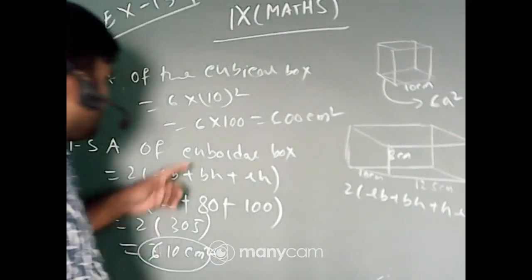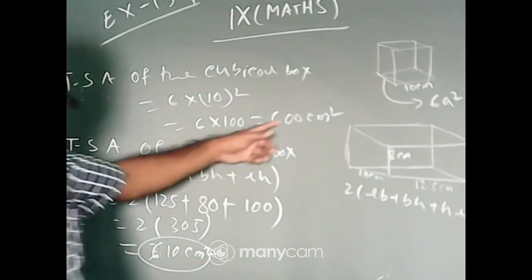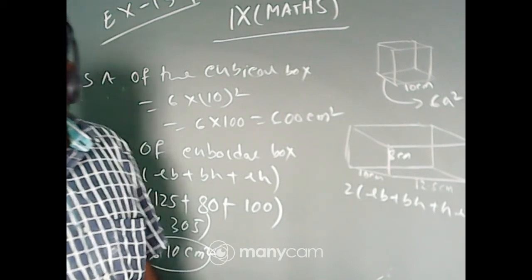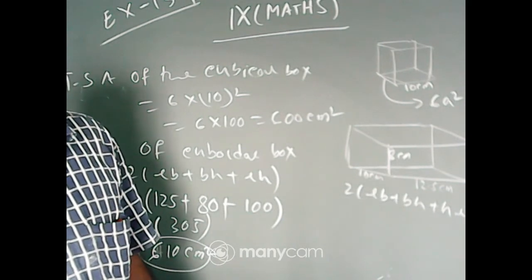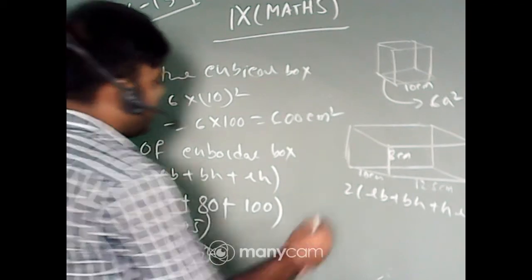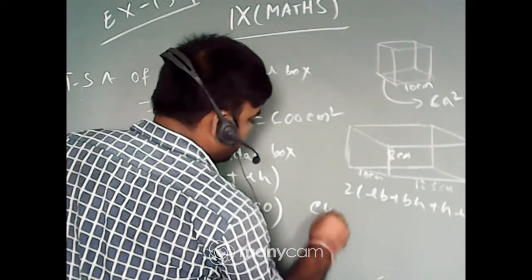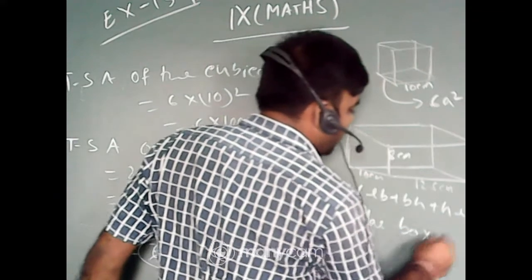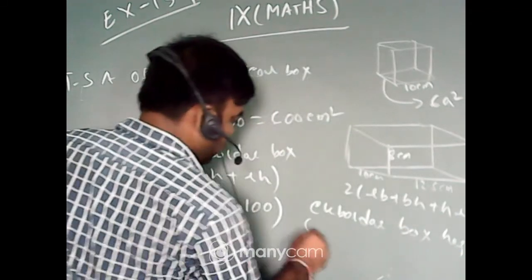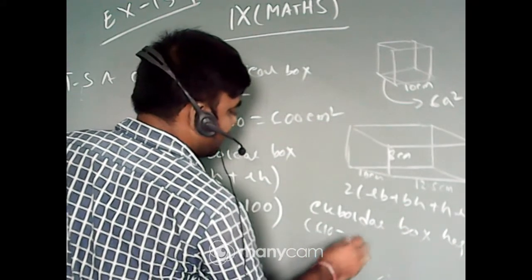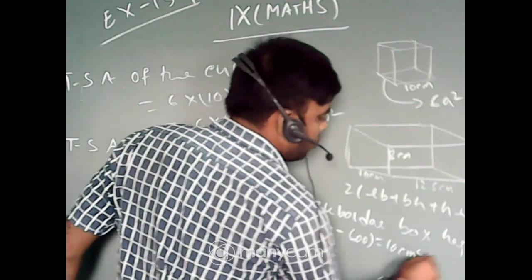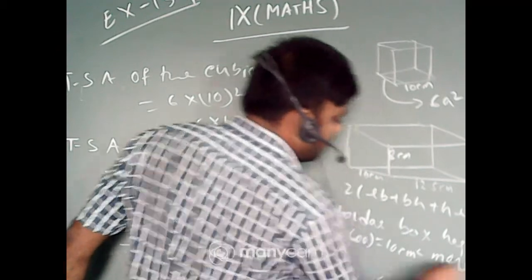That is 610 minus 600, that is 10. So by 10 centimeter square the cuboidal box has more surface area.